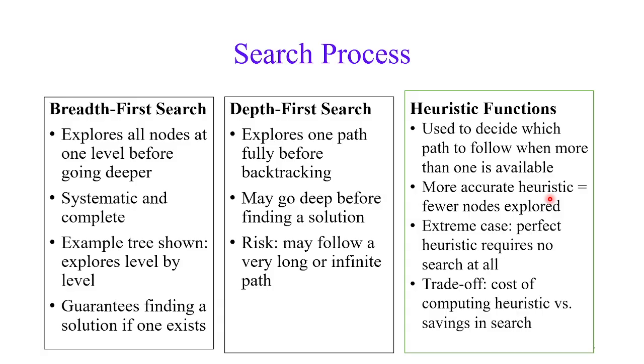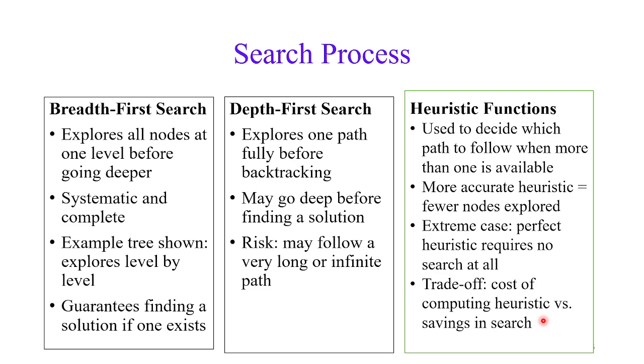If you have more accurate heuristics, you'll have to do far fewer searches. If you have a perfect heuristic, sometimes you can go directly to the goal without any exploration. However, what is the trade-off? Computing the heuristic itself is a cost. Okay.